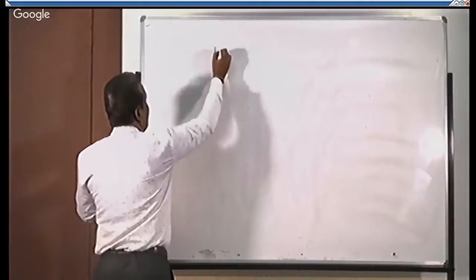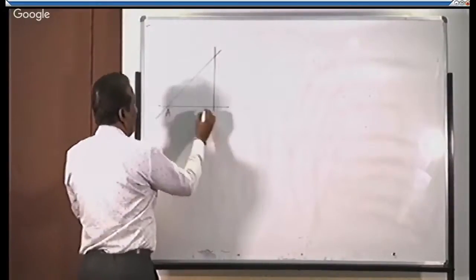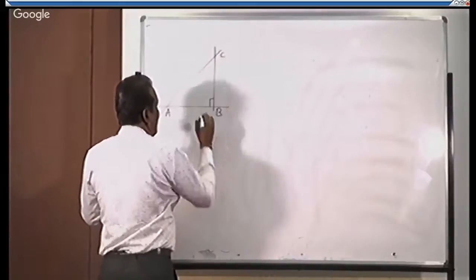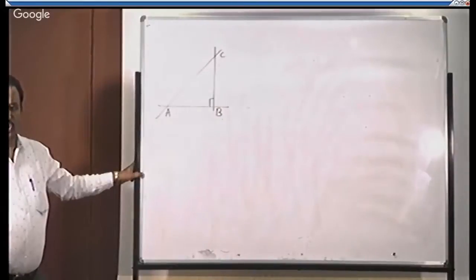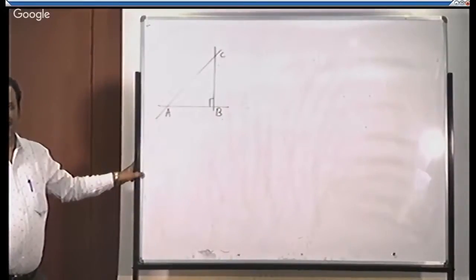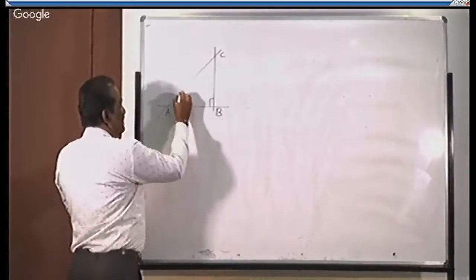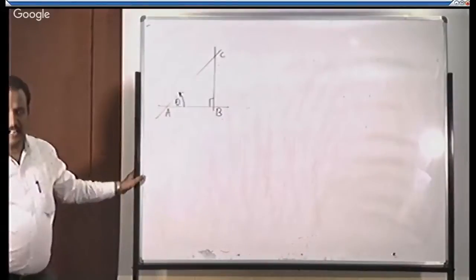I just draw a right angle triangle, call it right angled triangle ABC, which is right angled at B. As we know, 90 minus theta is an acute angle. It lies in the first quadrant. So you just take this angle as theta.